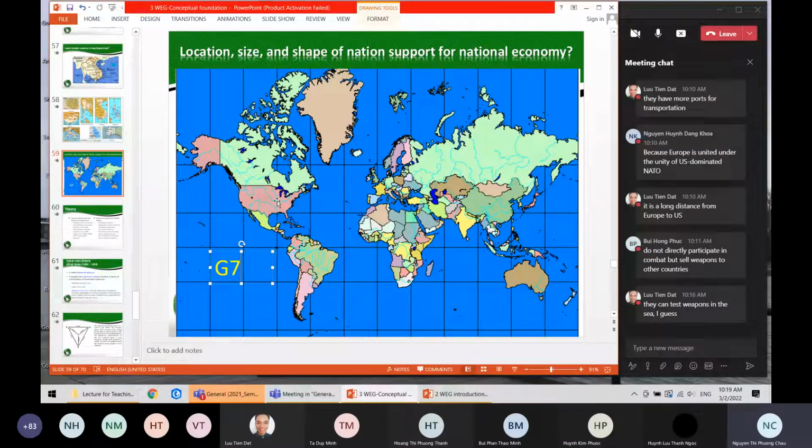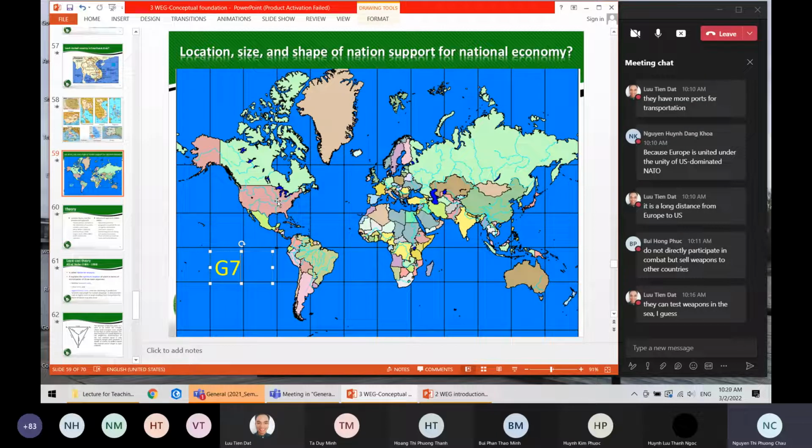The absolute location of the United States is isolated, with a long distance, and very importantly, more important than Canada, which is close to the United States, but Canada is an ally of the United States. It seems like the United States has no enemies, and the U.S. is strong, so no enemies can attack or invade the United States.